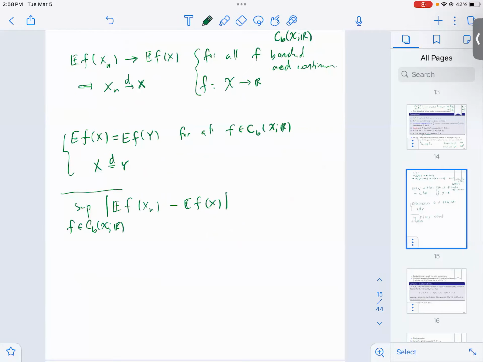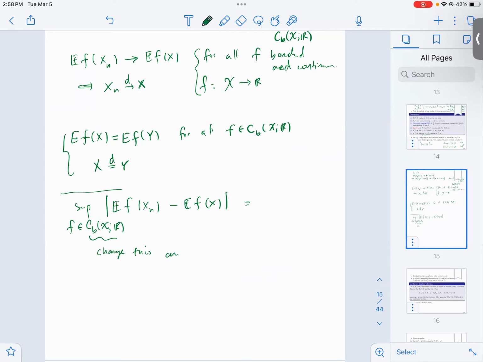So this defines a metric between distributions. If it's close to 0, you're fine, but it can also characterize how close they are, through the deviations of these expectations over these test functions. And I can later replace this with other function classes to get different metrics on the space of probability measures.